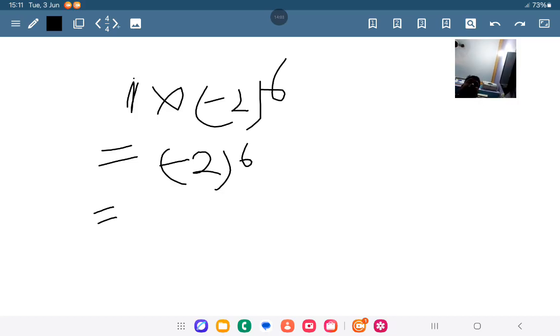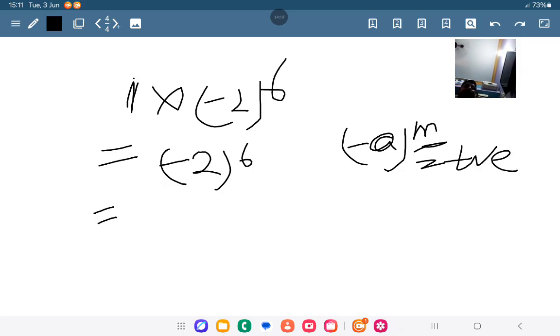Here minus 2 to the power 6 will give you a positive value. I have already told you yesterday that minus a to the power m will be positive if the power m is an even number.